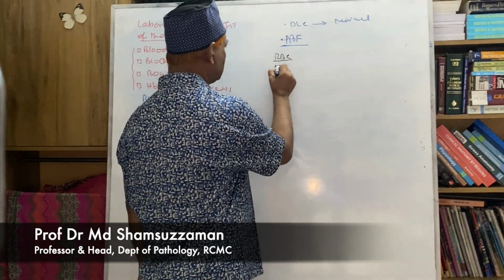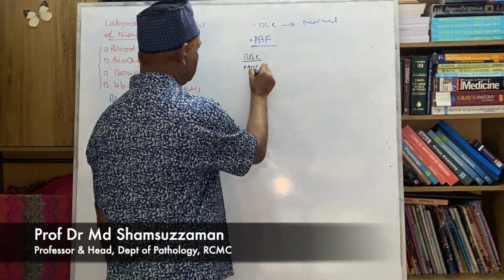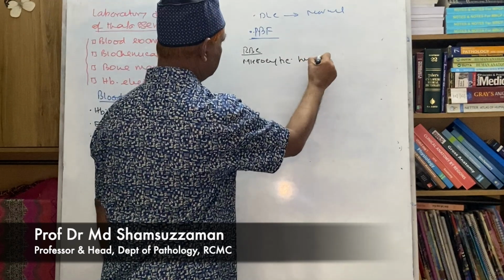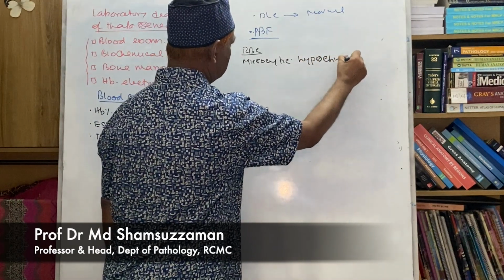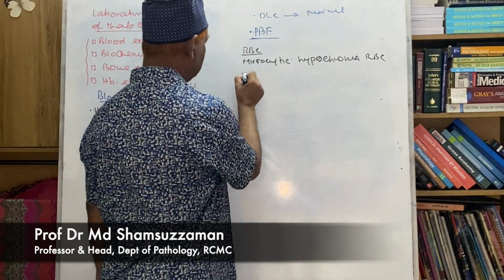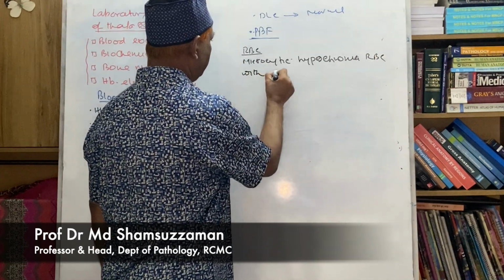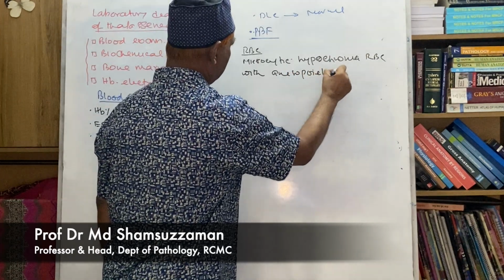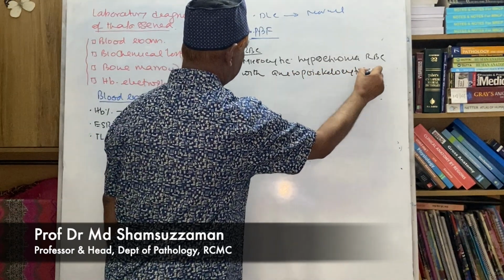You will get microcytic, hypochromic RBC with anisopoikilocytosis.